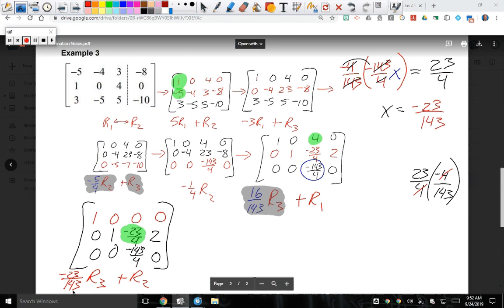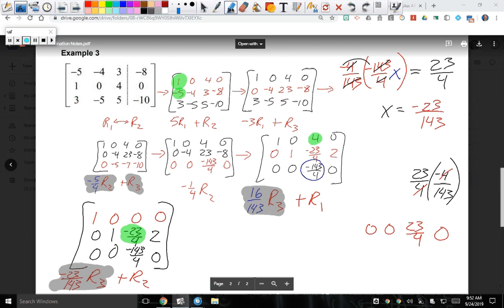So scratch work for this right here is 0, 0, a positive 23 over 4. And what's that last one? Just 0, right? Because we're multiplying it by row 3.